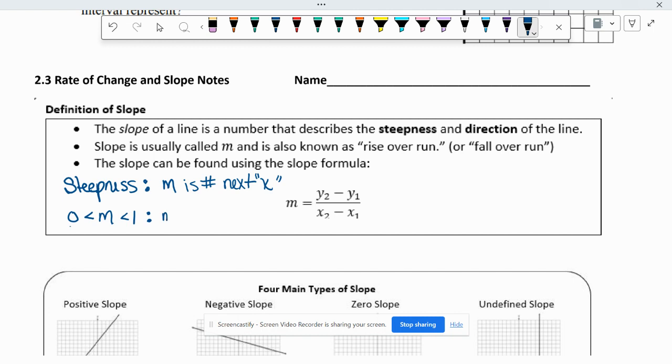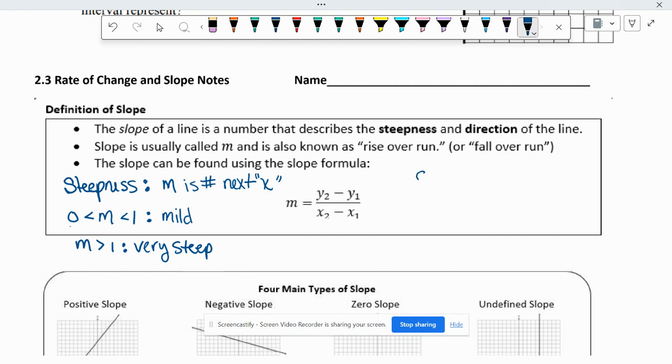So it's going to be very mild. Fractions have a mild steepness, whereas if my slope is greater than 1, it's going to start to get very steep. The larger the number over 1, the steeper it is.